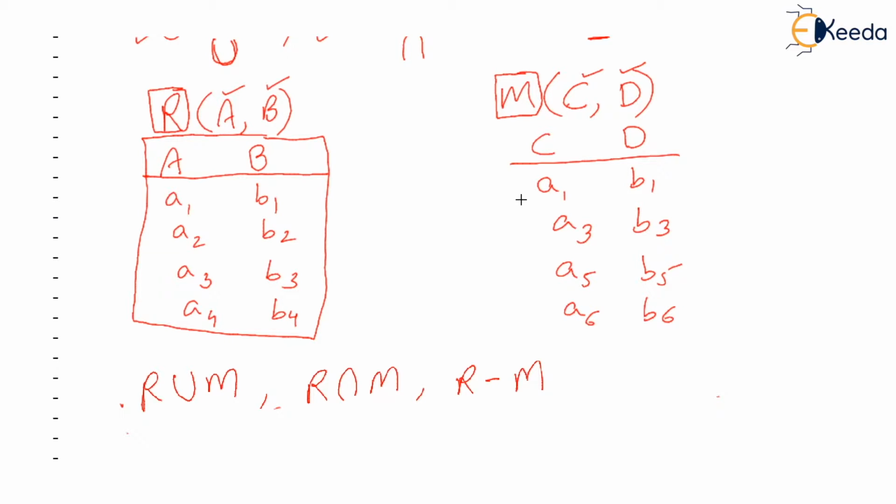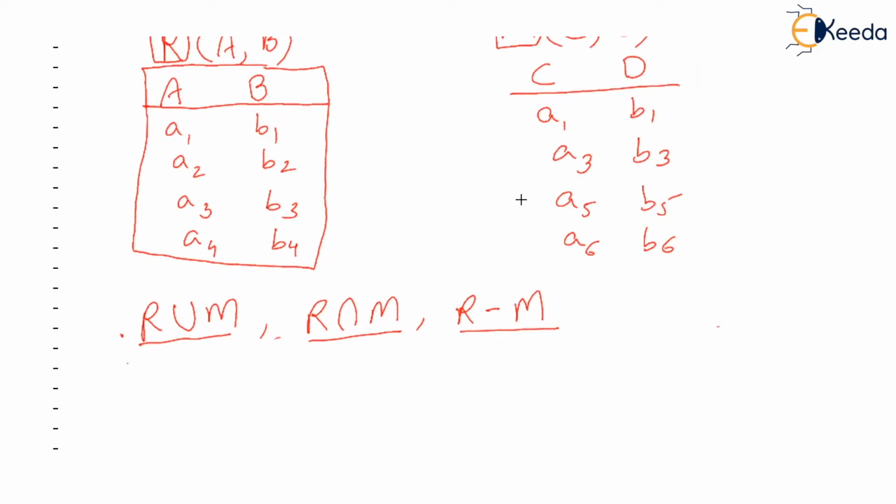Now just check, before you find this and understand what is this union, intersect and difference, you have to understand something called that the tables must be union compatible. Union compatible.